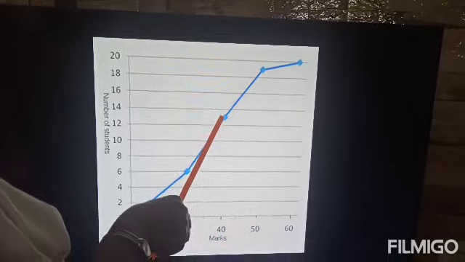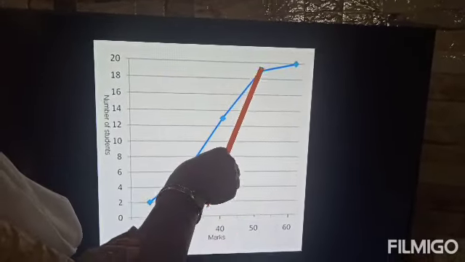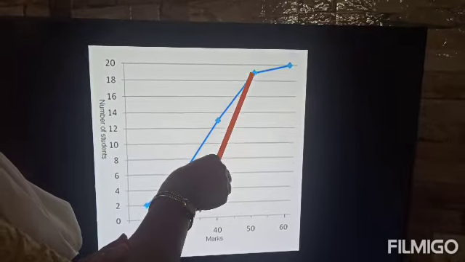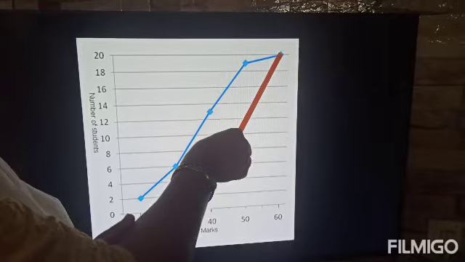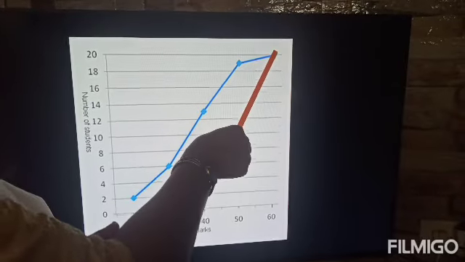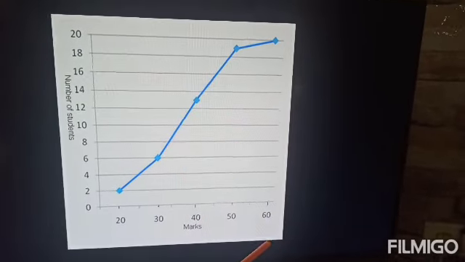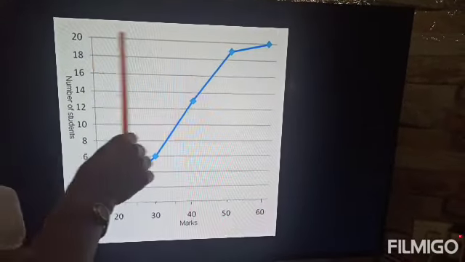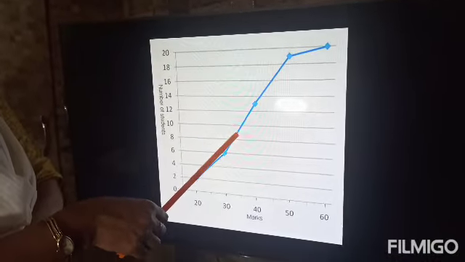We'll get that point here. Then less than 50, 19. Number of students is 19. Less than 60, 20 students. That is the last one, 20. Okay. 60, 20. This we got, the less than type positive graph.